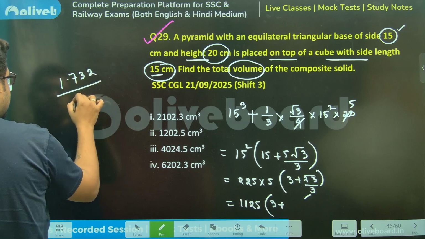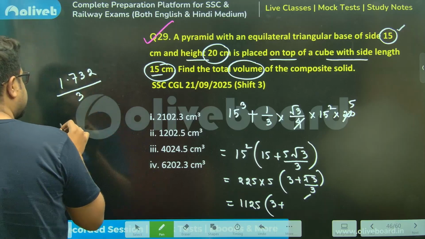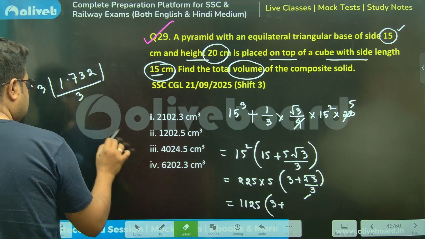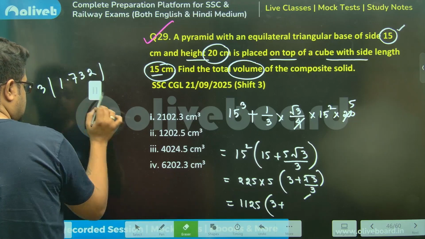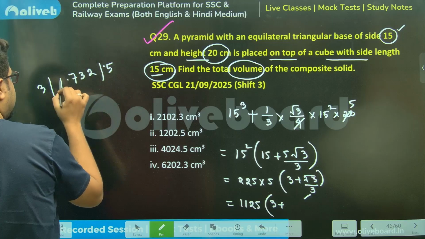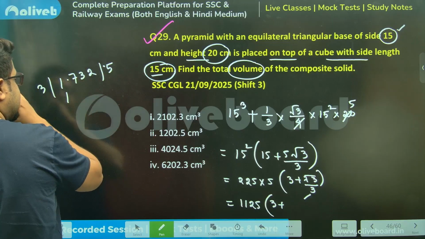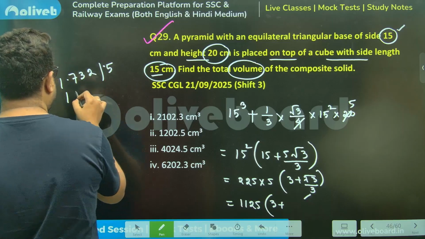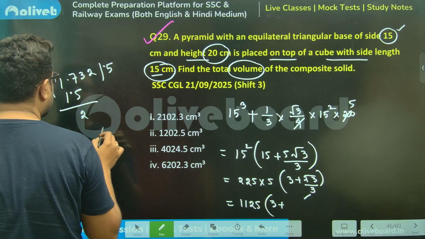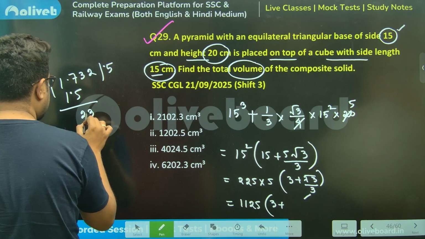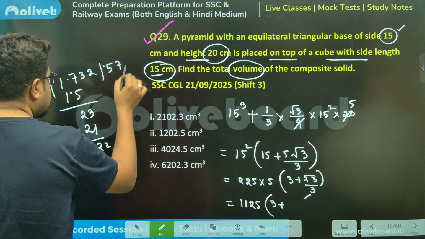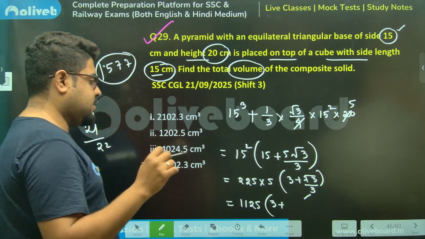1.732 by 3, let's do it. 3 fives are 15. 2, 30. 7 threes are 21. 0.577 or something like that.